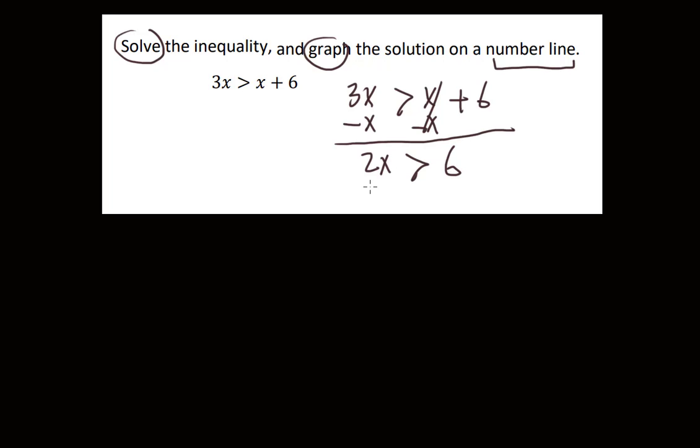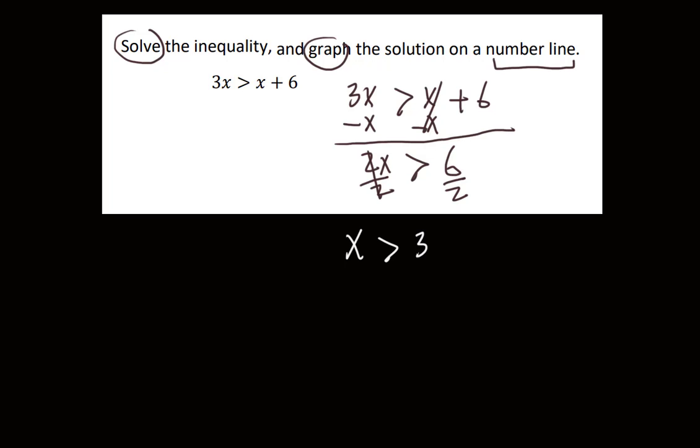To solve for x, we will use the inverse operation by dividing by 2 on the left and right. So 2 divided by 2 is 1, then we have x greater than 6 divided by 2 is 3. Now we know x is greater than 3.